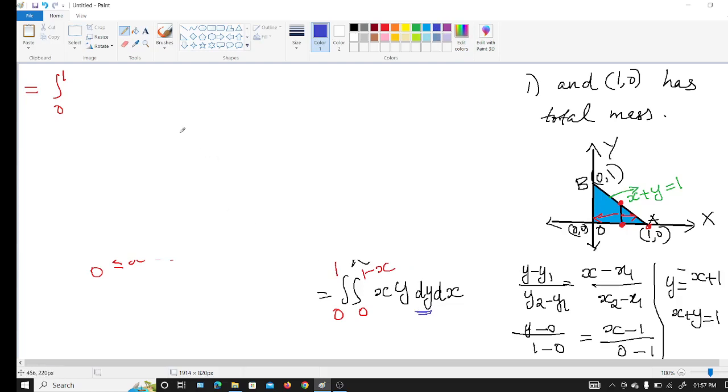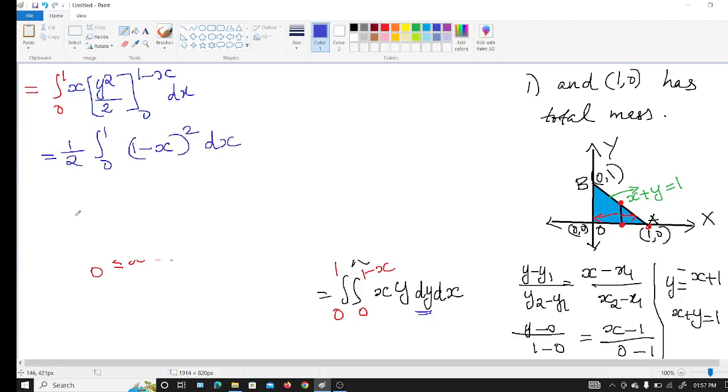So x is a constant, so x into, the integral of y is y square by 2, from 0 to 1 minus x, dx. Now this is equal to 1 by 2 integral from 0 to 1. Then you have to put y as 1 minus x, so (1 minus x) the whole square, then 0 square. So this is equal to x into (1 minus x) the whole square dx.